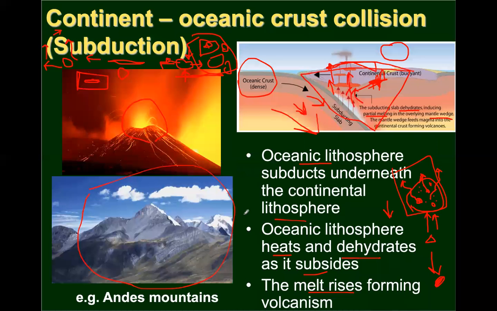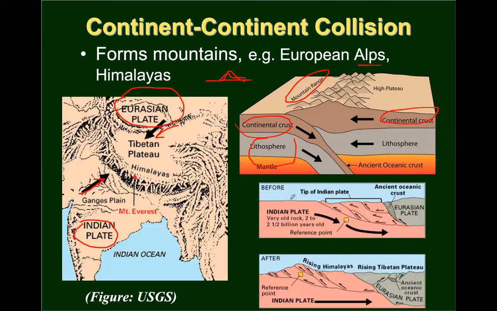So in this case, you have these two stages of the Indian plate. Some time ago, just before the complete collision, the tip of the Indian plate is here and the tip of the Eurasian plate is here.